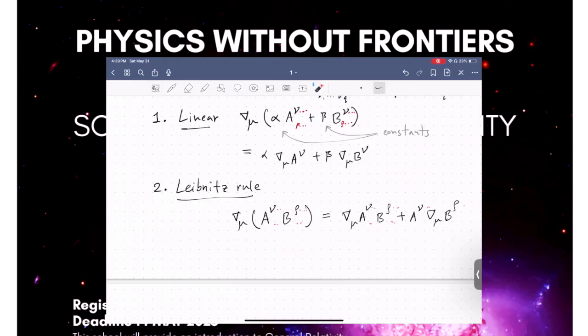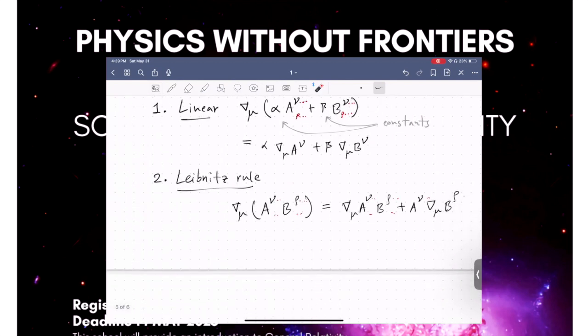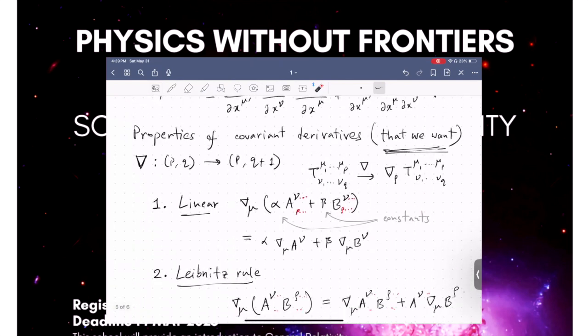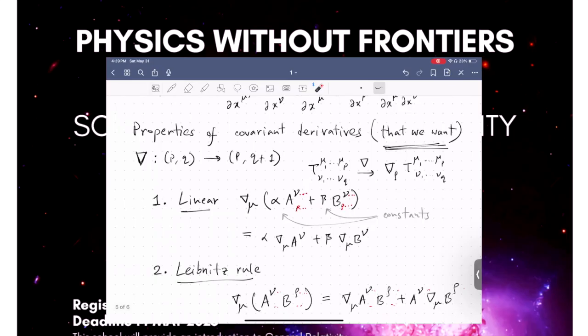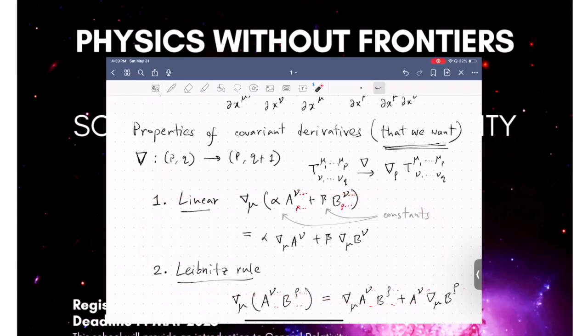Now, the answer may not be obvious at first, but it turns out that yes, there are, and in fact there are a lot of these kinds of operations that satisfy these two properties. Infinitely many, in fact.